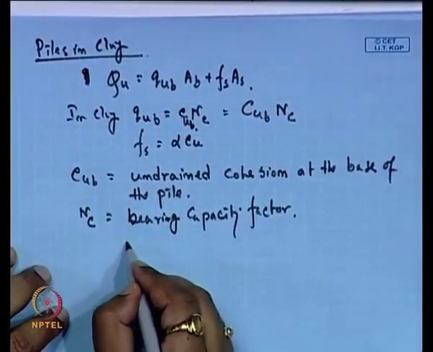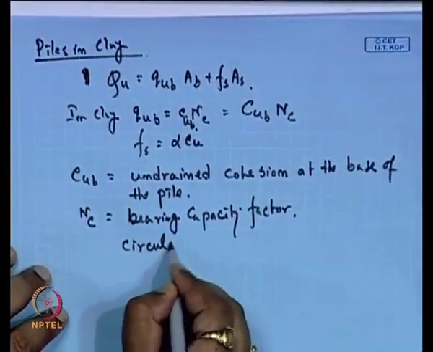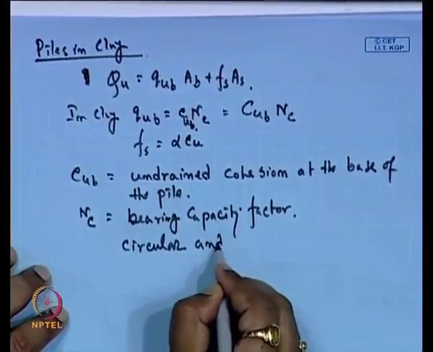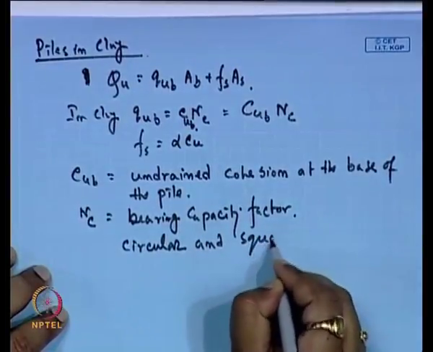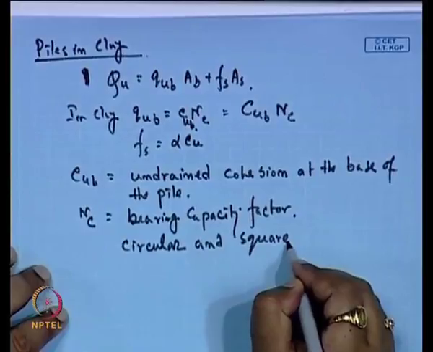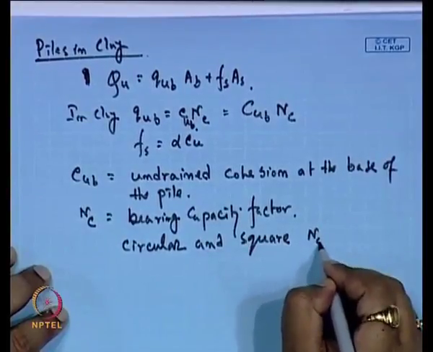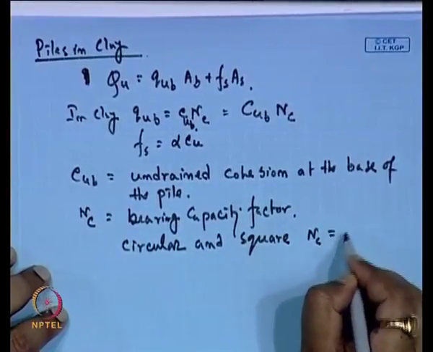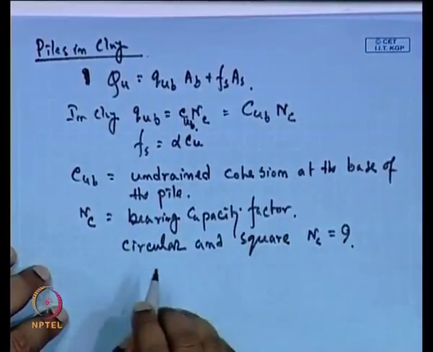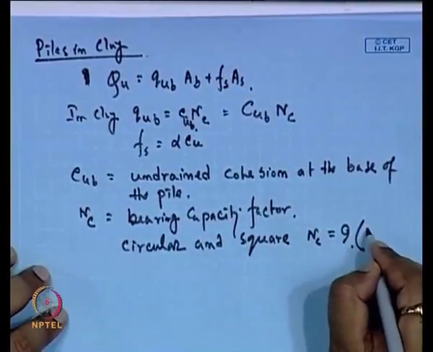Now for circular and square piles, this Nc is equal to 9 as proposed by Skempton.